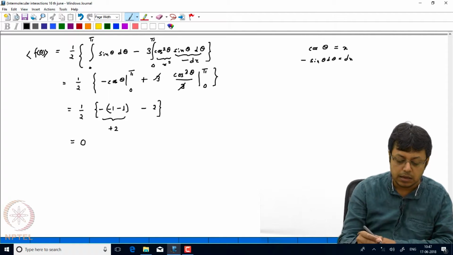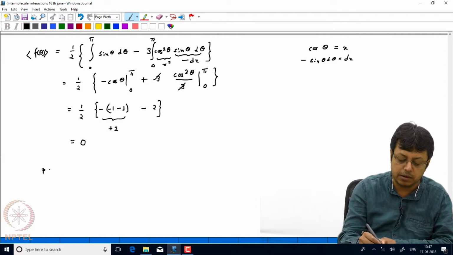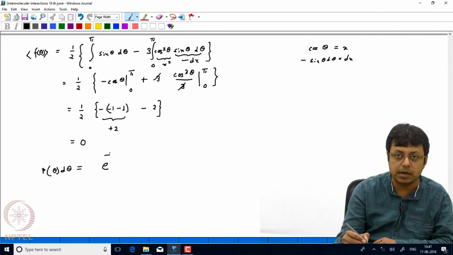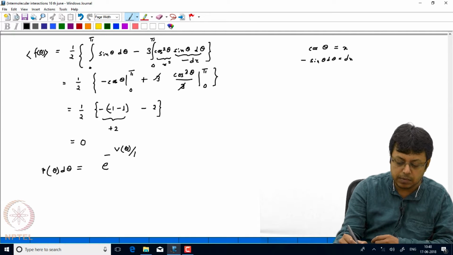Which means there is now a probability, just like we did for the dipole in a particular electric field, and it depends on the energy. So, this probability will be dependent on something like e to the power minus E by kBT, and in this case E is nothing but the interaction potential between the two dipoles, which is dependent on theta, divided by kBT.